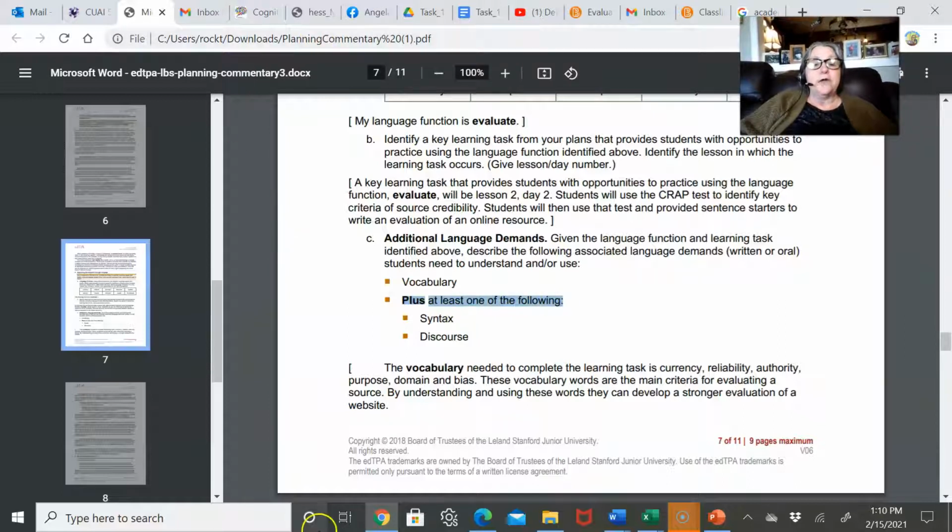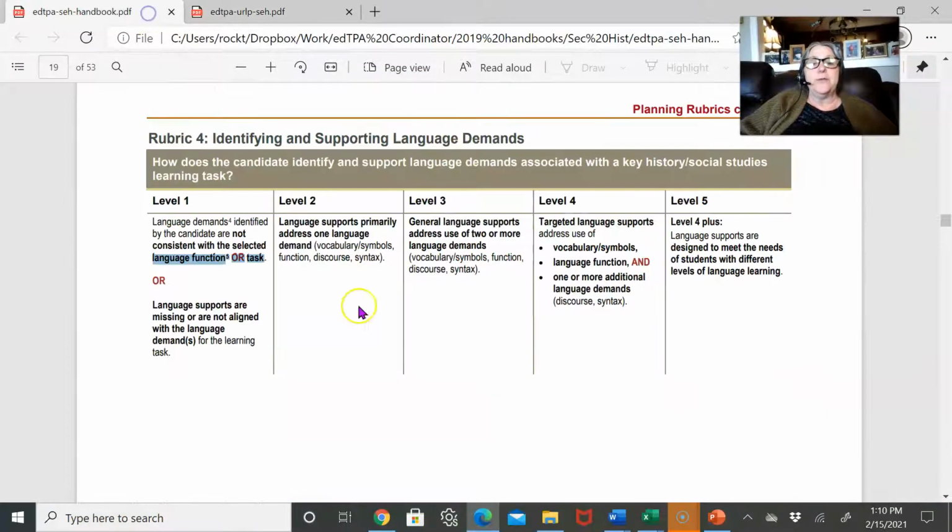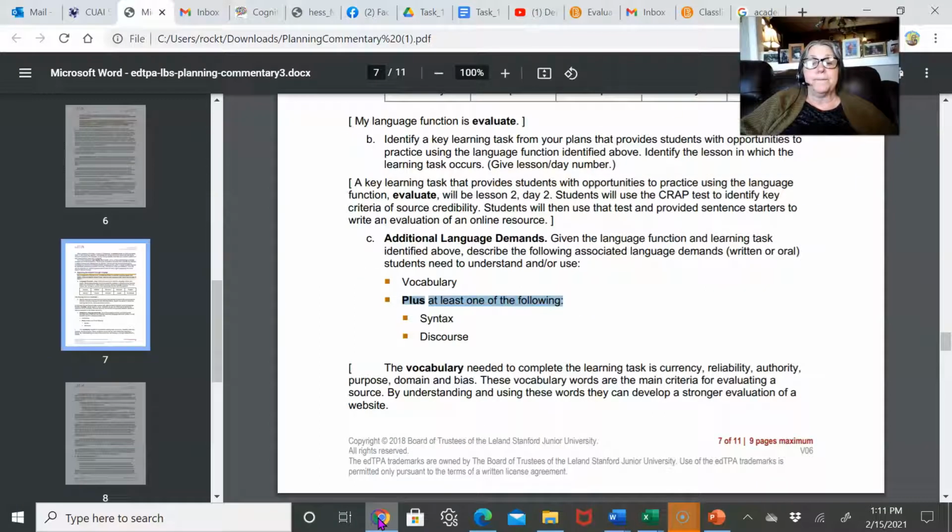But if you look at the rubric, we know from looking at the rubric that you get no credit for doing both discourse and syntax. I recommend to my students that they do not describe how they support both discourse and syntax. Instead, they should put their efforts toward describing supporting either discourse or syntax.